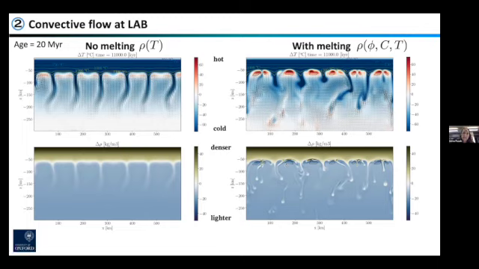And because the viscosity is a function of porosity, the melt also weakens locally the mantle material. So there are a number of differences between a case with no melting and with melting.